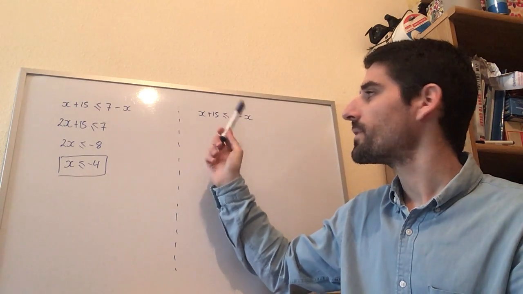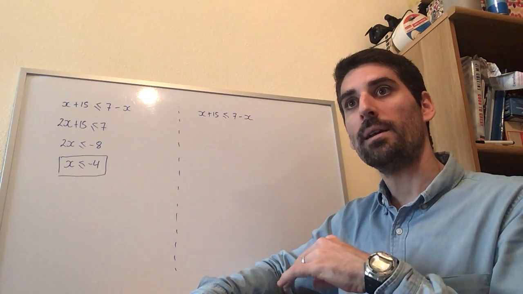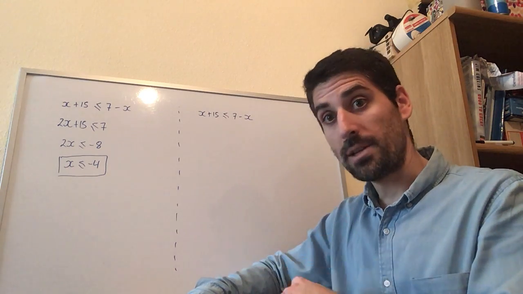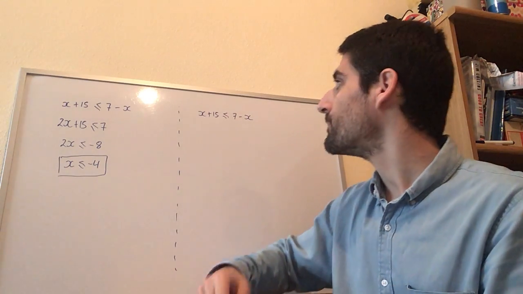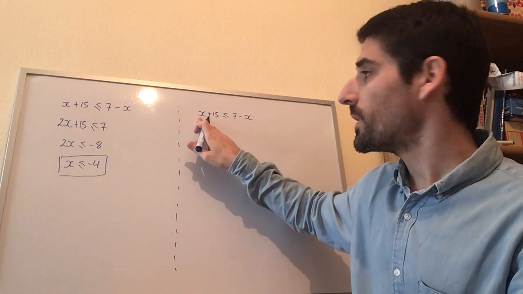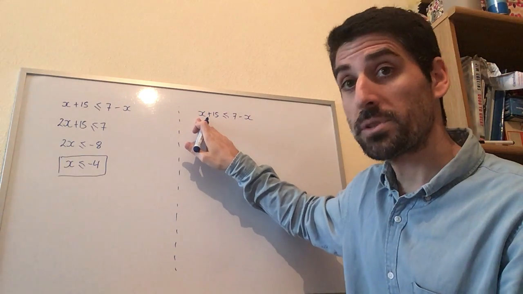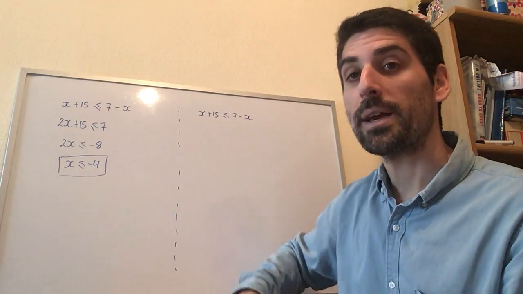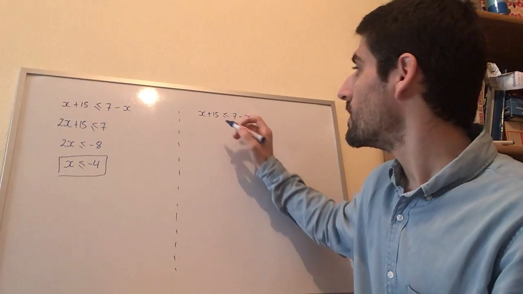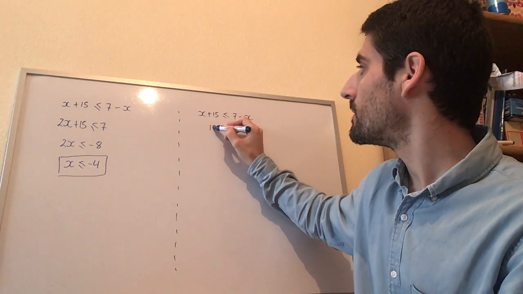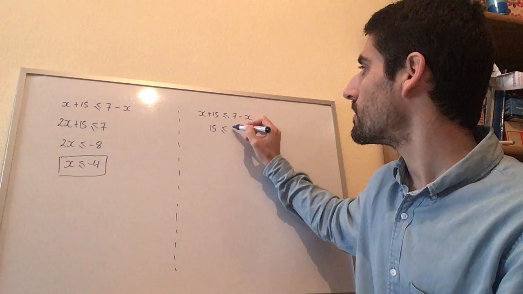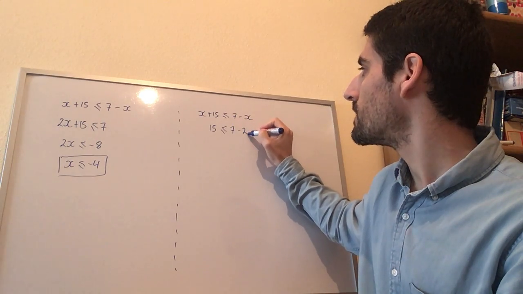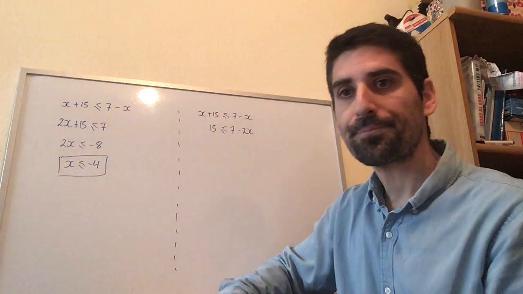I took that x off there. And this is what I recommend you don't do, but in case you do, be mindful of the following thing. In order to get rid of that 1x, because it's a positive x, I have to take away 1x from both sides. So I would have 15 less than or equal to 7 minus 2x.